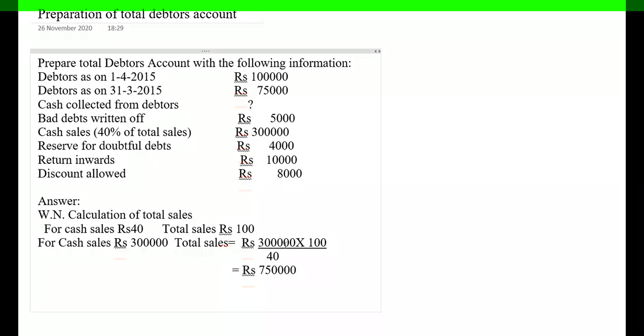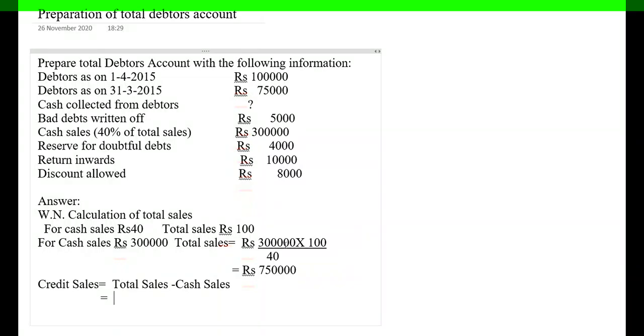So therefore, credit sales equals total sales minus cash sales. Here in this problem, we know the values in the above formula.